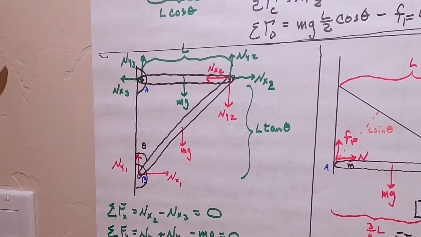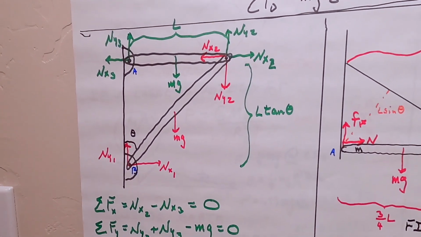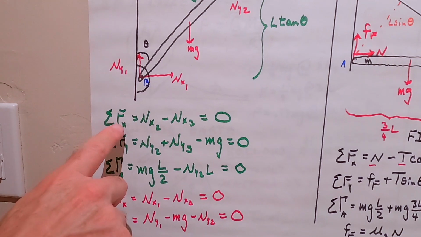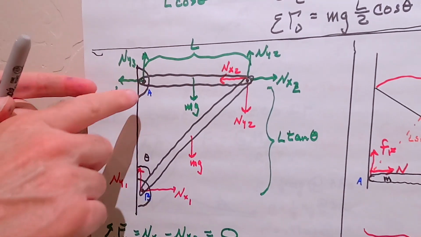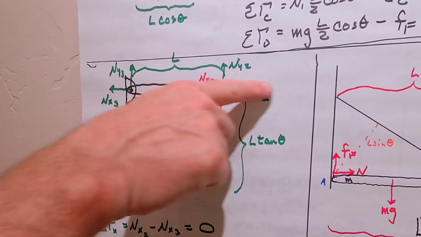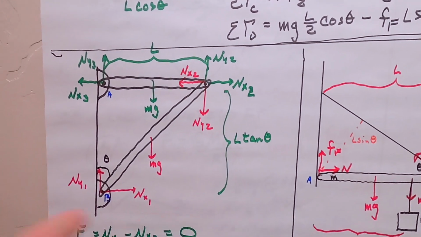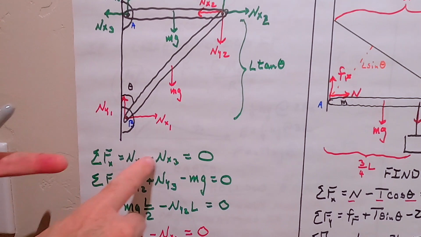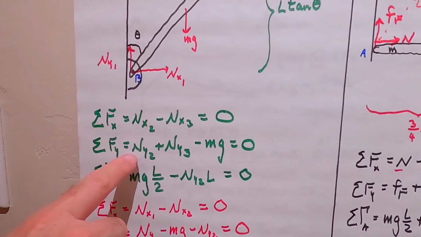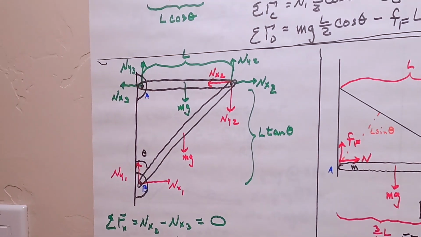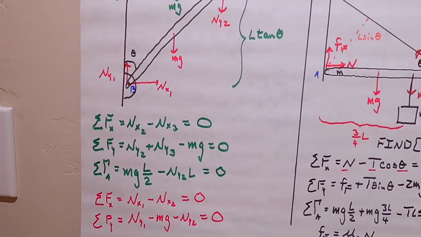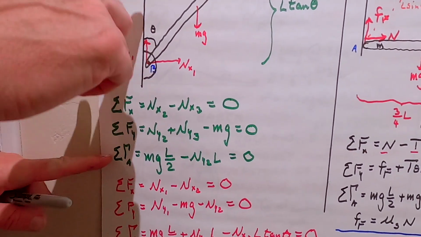Now I can write out the sum of the force equations on each object. So the sum of the forces in the green, we got NX2 minus NX3 equals 0, which means NX2 and NX3 are the same. And then the forces in the y, we got NY3 plus NY2 minus mg equals 0. And then we'll take torques about that point.